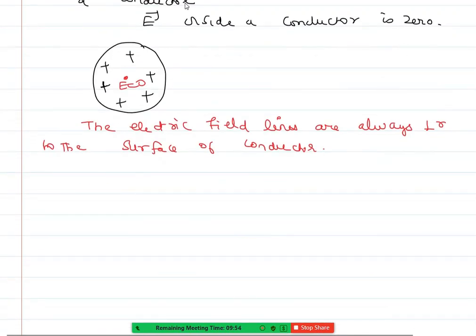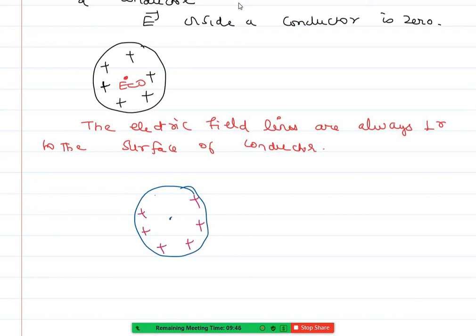What does it mean? If you take a spherical conductor with positive charge, the electric field for a positive charge is always outward. So if you want to draw any electric field, what should you do? You have to draw a perpendicular from the surface. Wherever you take, the electric field should be perpendicular to the surface of the conductor. You cannot draw it simply anywhere.